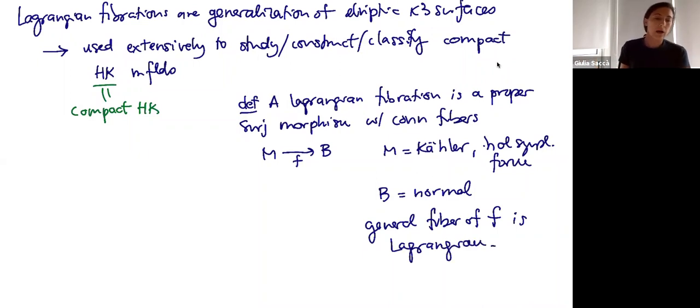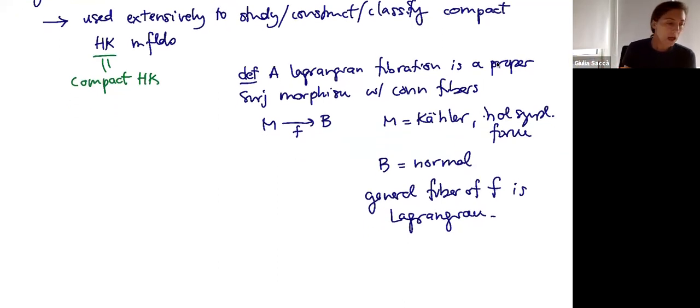When I say a quasi-projective Lagrangian fibration, I mean that the morphism F is quasi-projective, and here I ask that the morphism is proper. When I say a projective Lagrangian fibration, I mean the morphism is projective. I'm not asking that M or B are necessarily projective. Anyways, I'll maybe say that later.